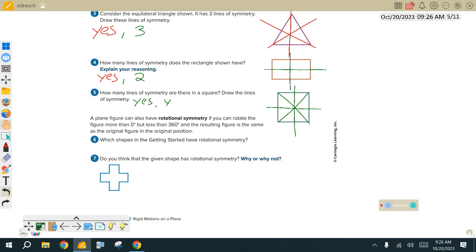Now, we do have rotational, and then the follow-up's going to be, what is the degree of rotation? And when we ask you what the degree of rotation is, we always want the smallest turn possible. Okay? So what would be the smallest turn possible that's going to give you that rotation?